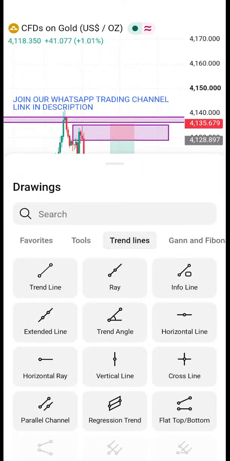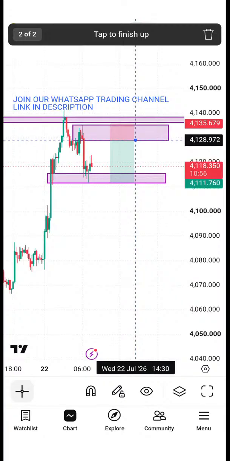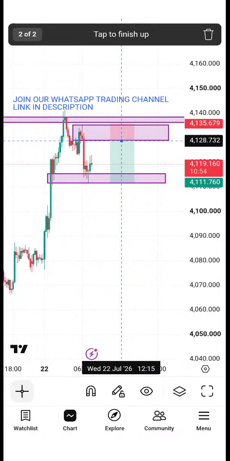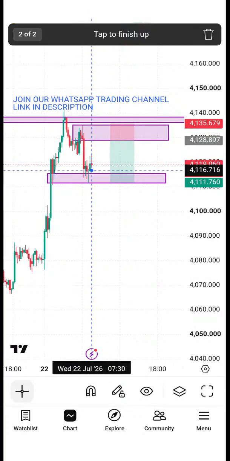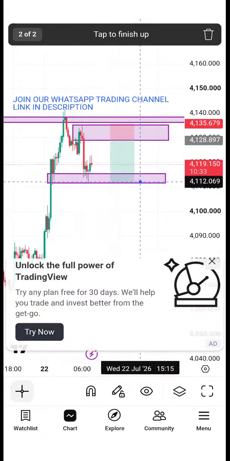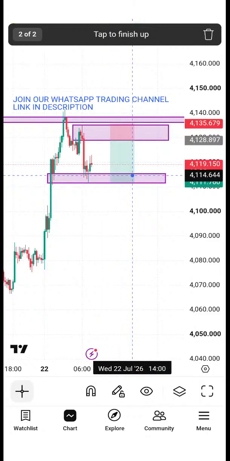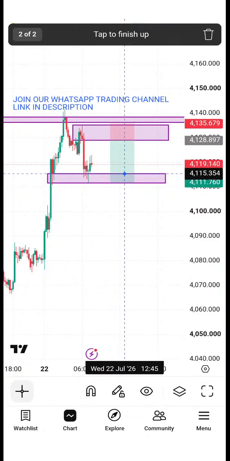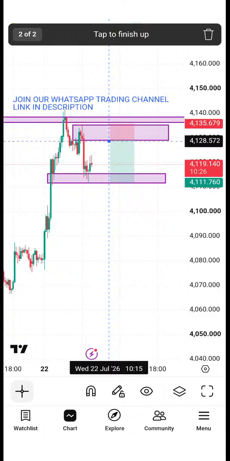We want to sell gold around this area. We're going to sell gold around 4128.732. As long as it is still trading around this area, we are not going to place any sell or buy. We are waiting for it to come here.